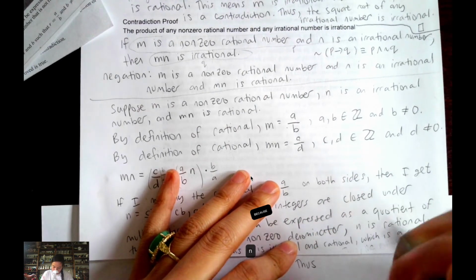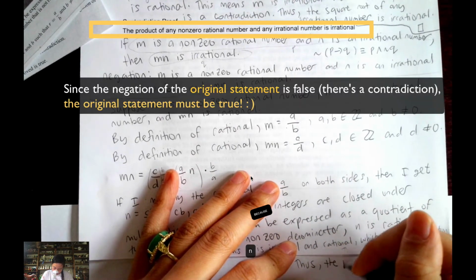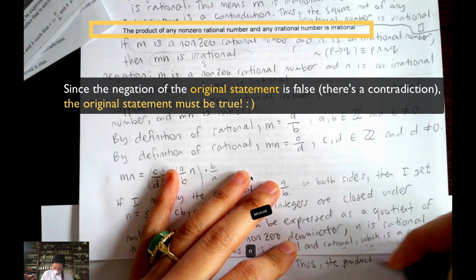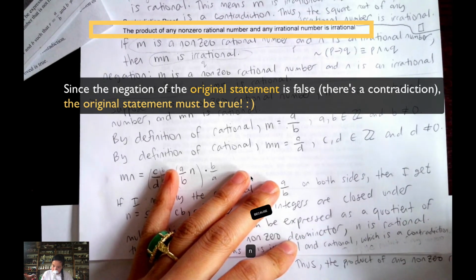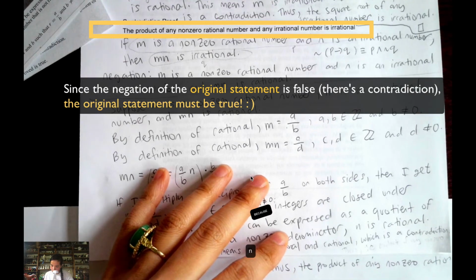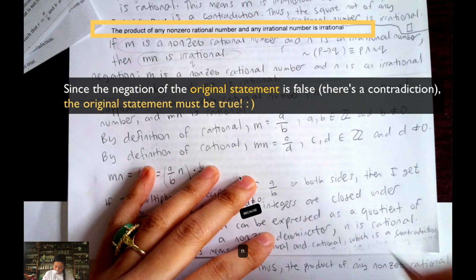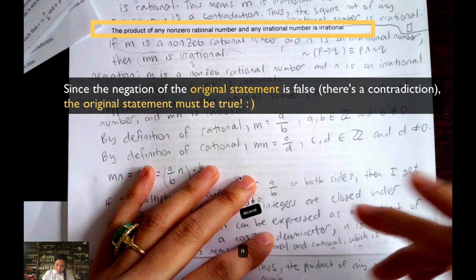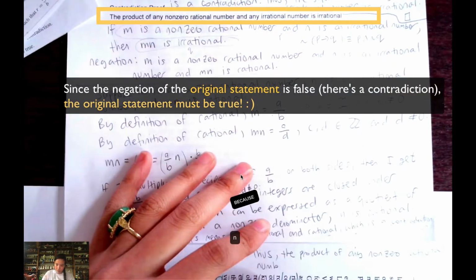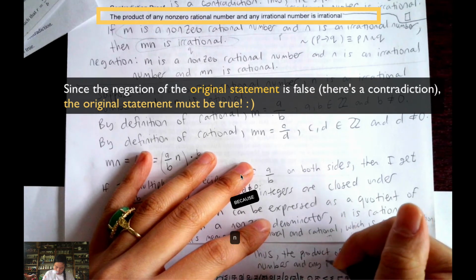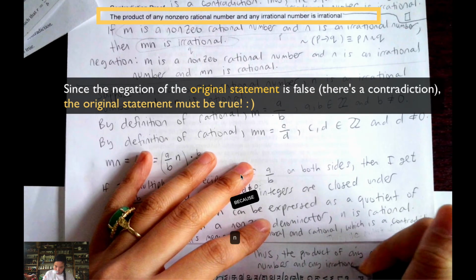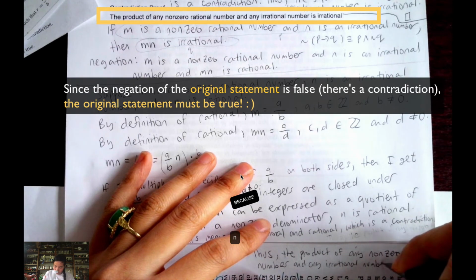Thus, the product of any non-zero rational number and any irrational number is irrational.